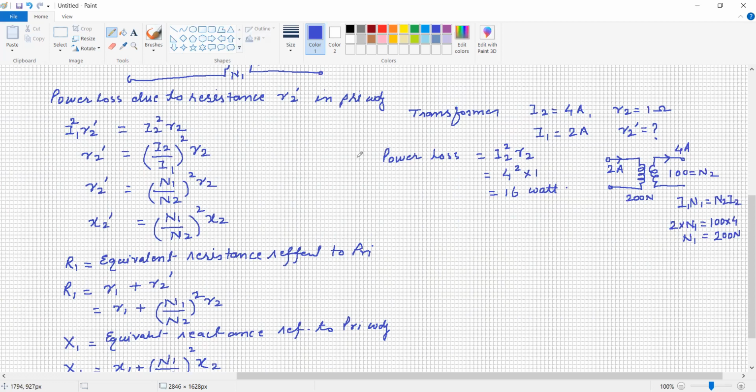Now our main objective is to understand the power loss in the resistance R2 when the current in the secondary winding is 4 ampere. Now what would be the resistance value?